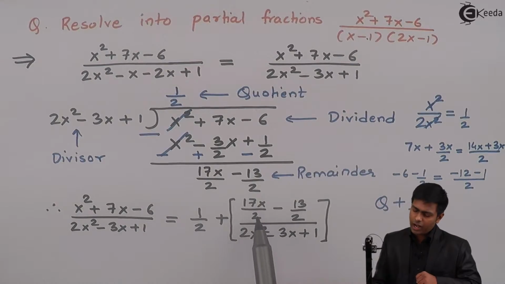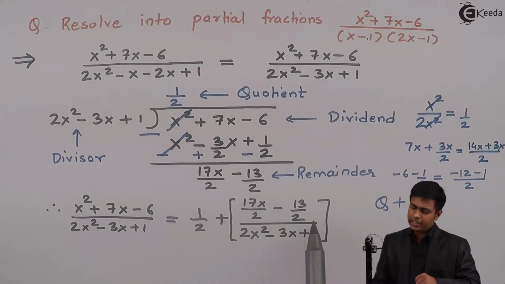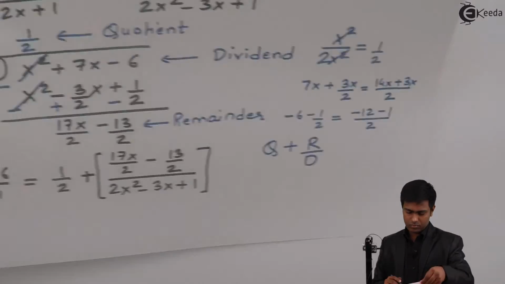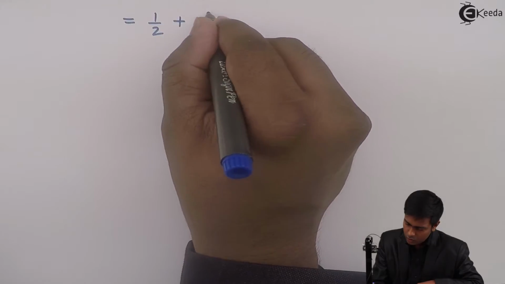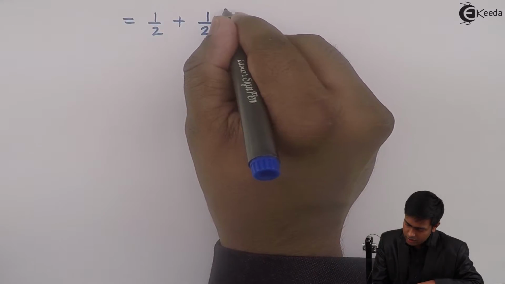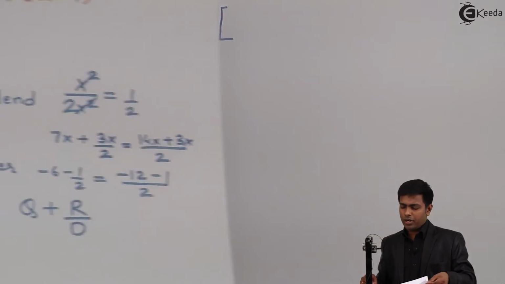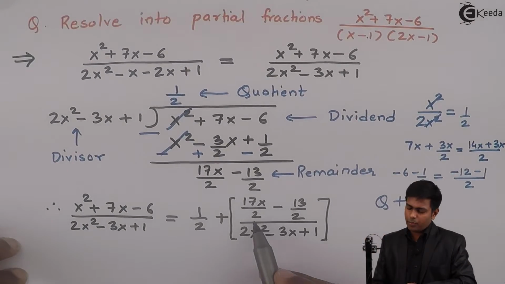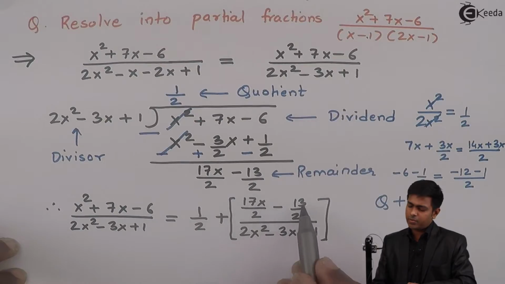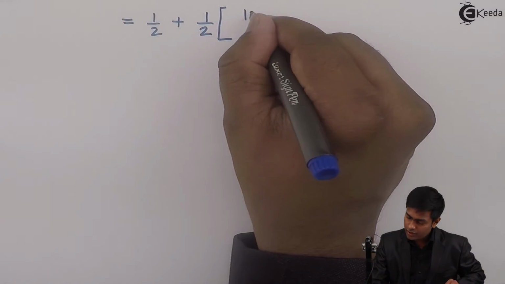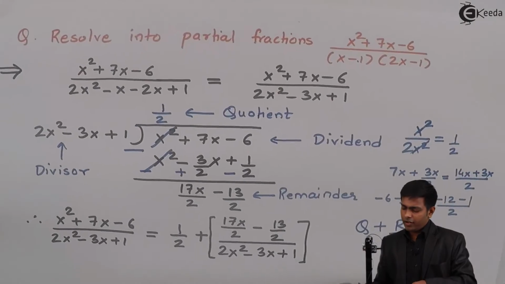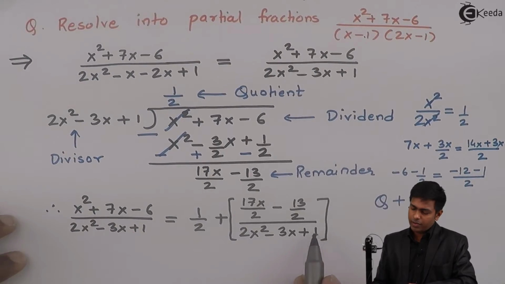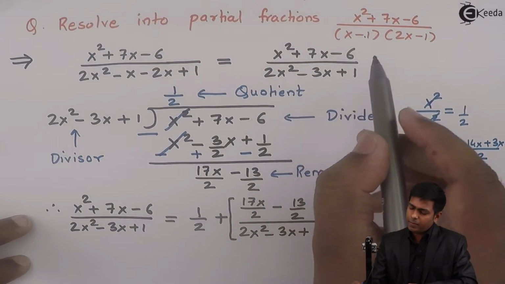You can observe that we have the 2 in the denominator of 2 terms, which I can take common and send into the denominator. So this will become equal to 1/2 plus 1/2 times, taking the common term from 17x/2 − 13/2, so we get 17x − 13 in the numerator, upon the denominator 2x² − 3x + 1, which we got by multiplying these two brackets.